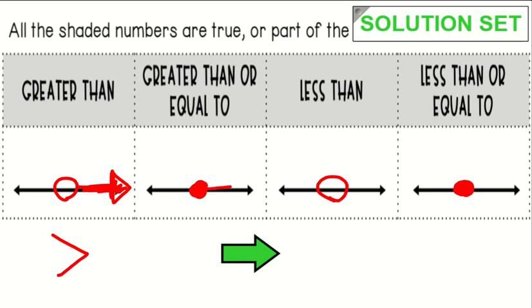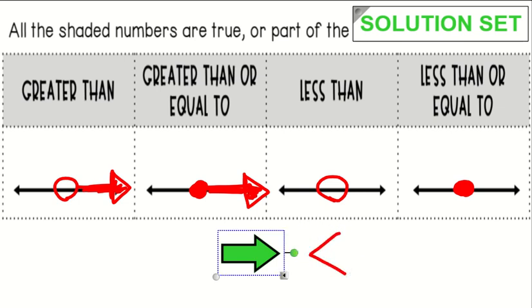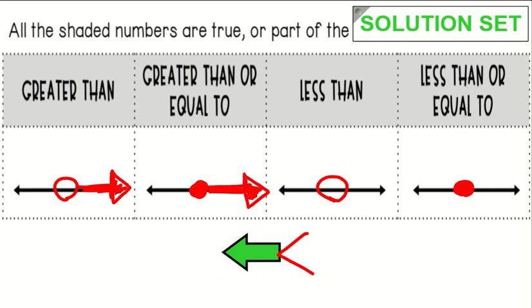Greater than or equal to, same idea, arrow going to the right. Less than, you know, if we got a less than symbol, it's pointed that way, it's like having an arrow that's pointed to the left. Okay? So that's what it's going to have, an arrow. That's a very poorly drawn arrow.